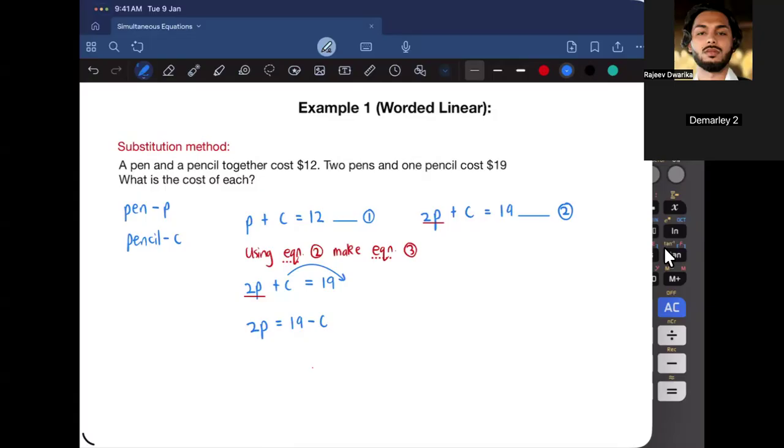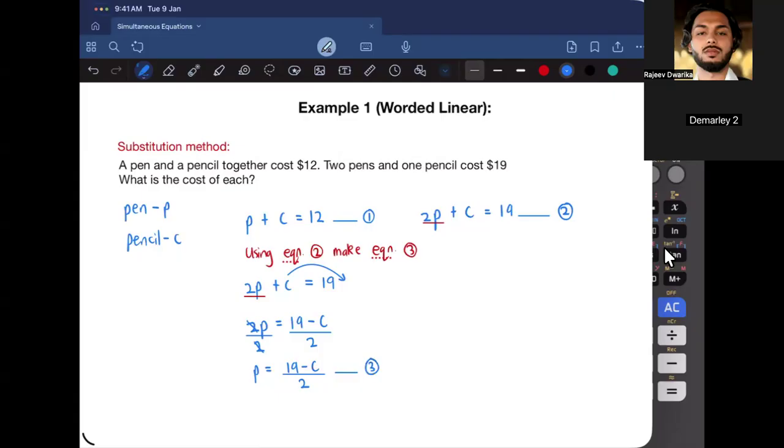What would I have to do with 2p to find 1? Divide. I'm going to divide that by 2. And I'd have to divide this by 2 as well. Understand? So p is equal to 19 minus c all over 2. And that's equation 3.